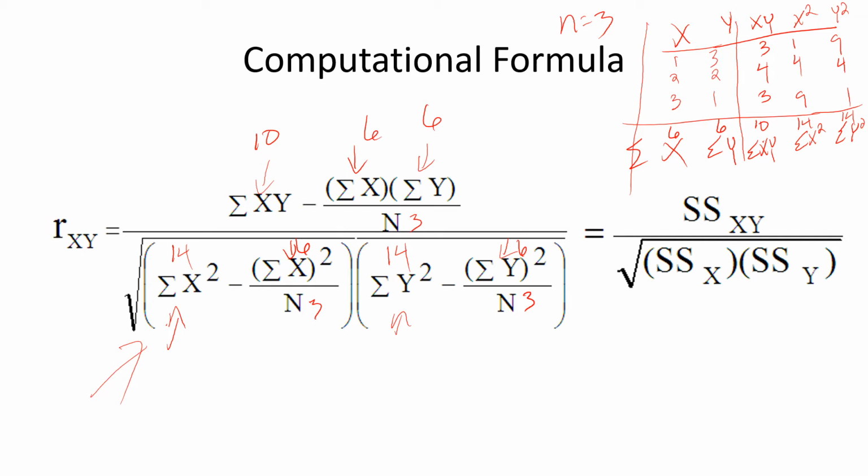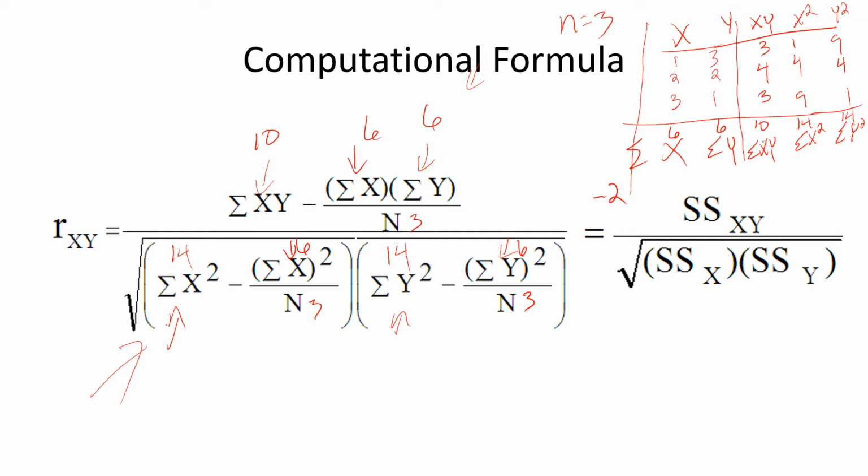So 6 times 6 is 36. 36 divided by 3 is 12. Oh, it's going to be a negative correlation, that's why. So our value up here can be negative. Our value down below cannot be negative. So we've got 10 minus 12, or the top is going to be negative 2.